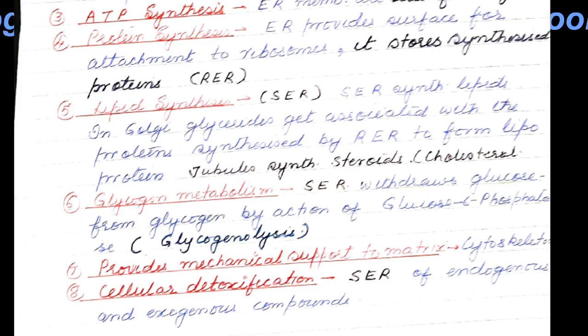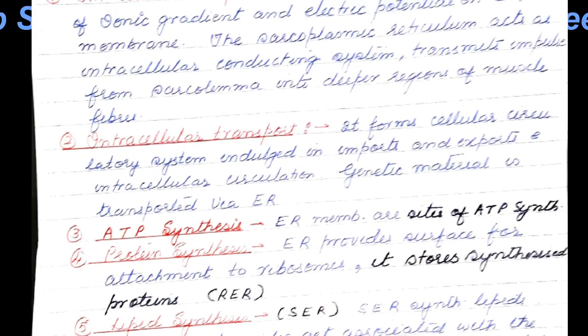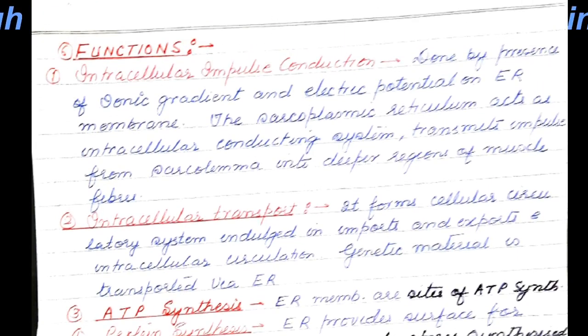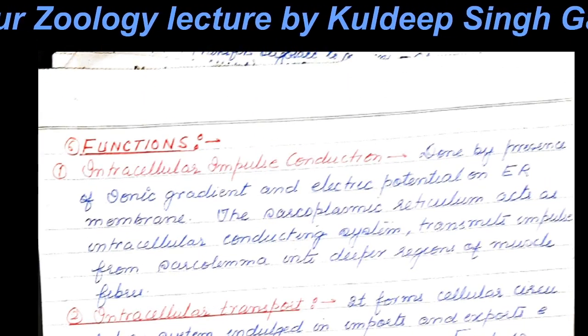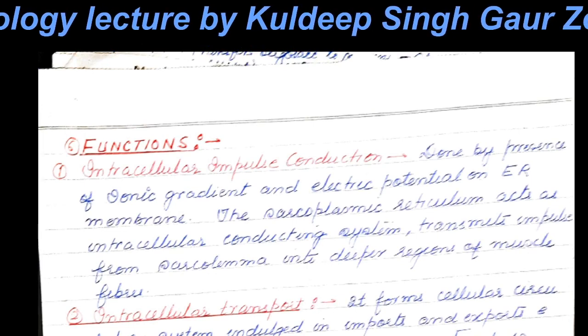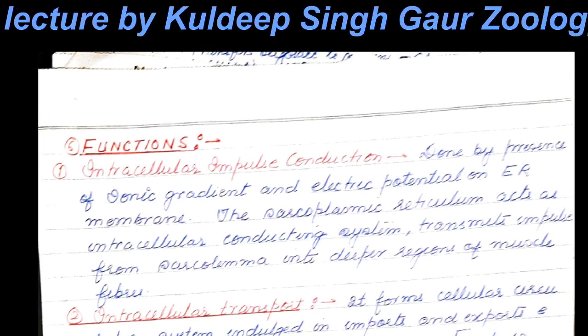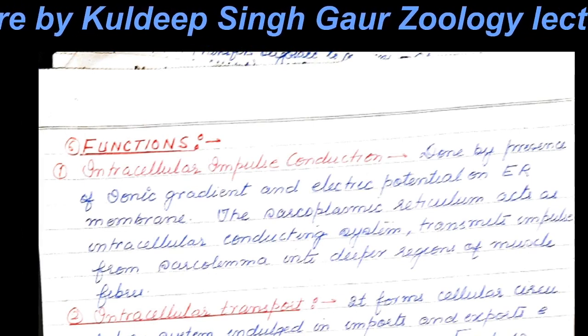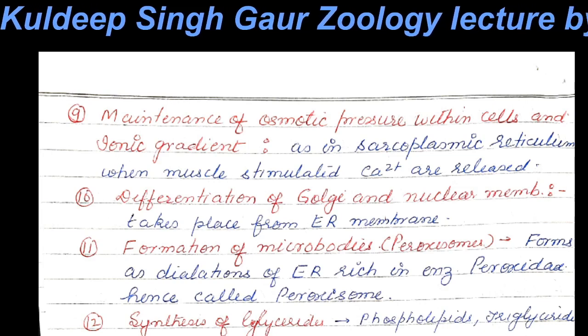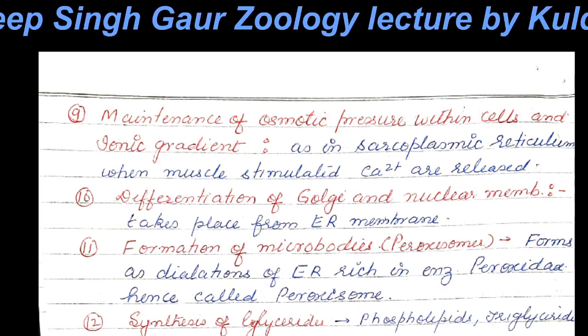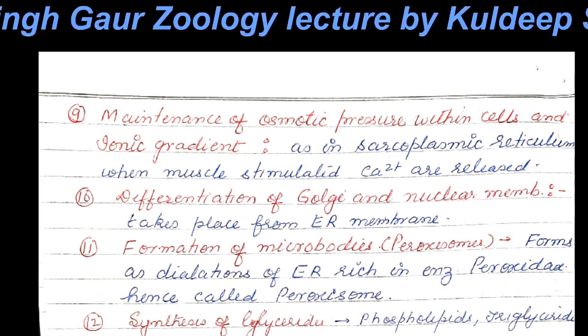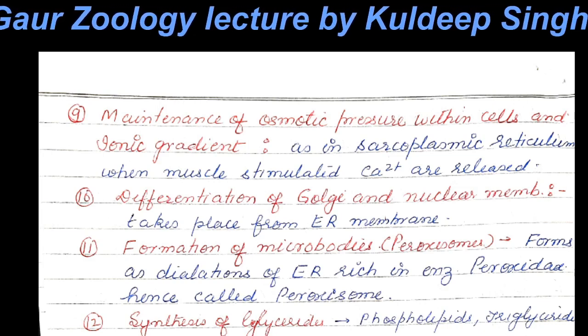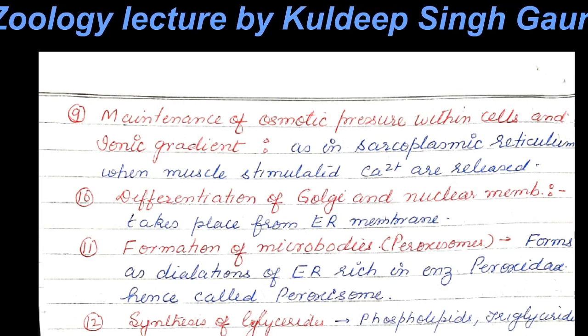The smooth endoplasmic reticulum, as I have told you earlier, is involved in cellular detoxification. That means it neutralizes the toxic elements which are byproducts of the metabolism and catabolism happening in the cell all through the day and night. Then another function is the maintenance of osmotic pressure within the cells and maintenance of ionic gradient.